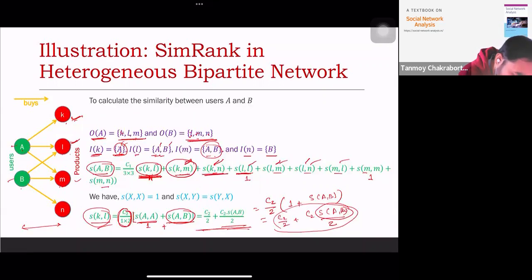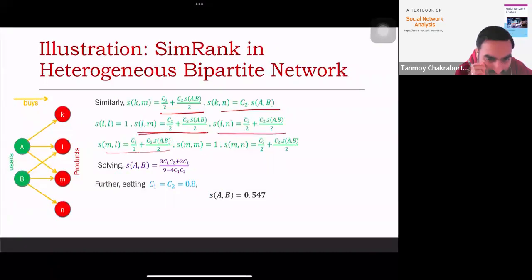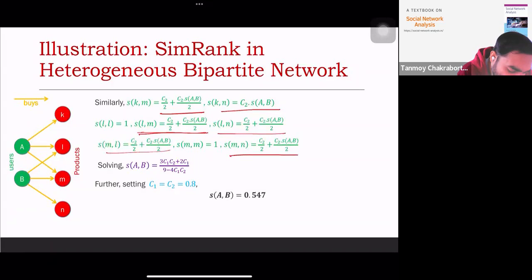The similarity of this one is 1. The similarity of LM is again derived in terms of S of AB, and so on. So you see all the items are defined in terms of S of AB.